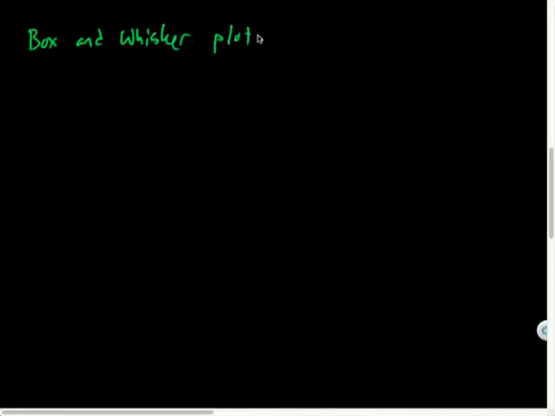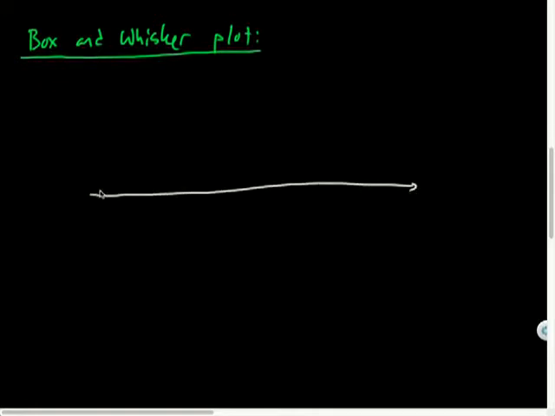A box and whisker plot looks like the following, where I would have a number line, all right, and then I end up having a graph above the number line. So the first thing I would plot above the number line is the median, and that's actually also going to be called quartile 2. We'll talk about quartiles in a minute.